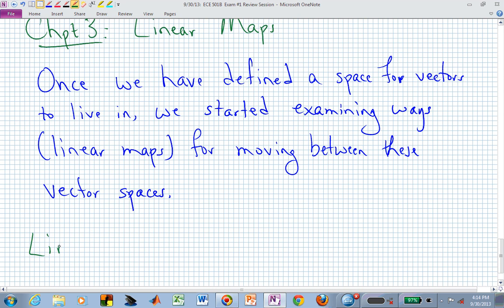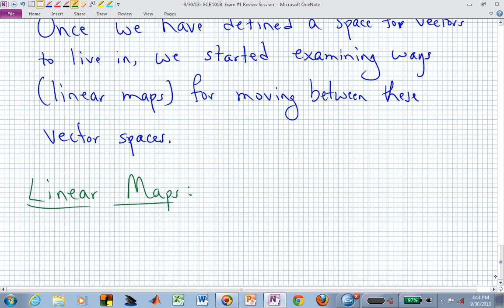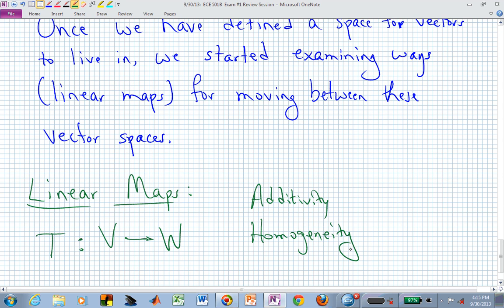If we are looking at linear maps, we might refer to that as a linear map T going from an input vector space V to an output vector space W. Then in order for this map to be a linear map, we need it to be satisfying a couple of properties, namely additivity and homogeneity.